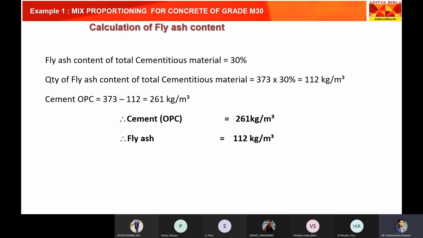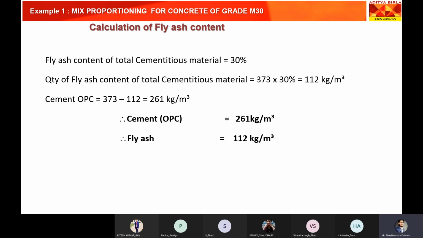Similarly, the calculation of fly ash content. I already explained this while explaining the steps of grade of concrete. At that time I told you the total cementitious material, we will add 30% as fly ash of cementitious material.